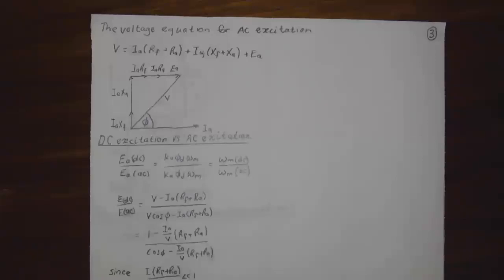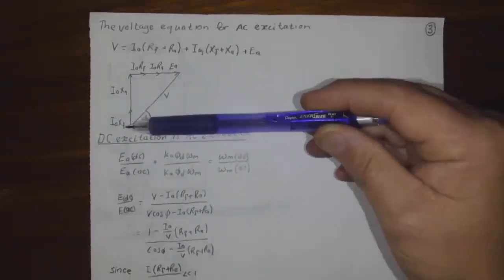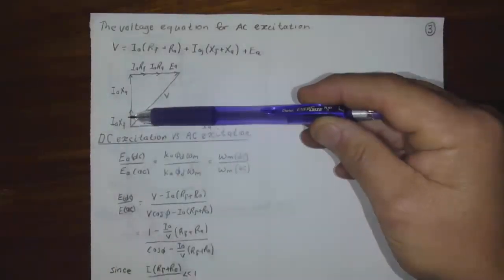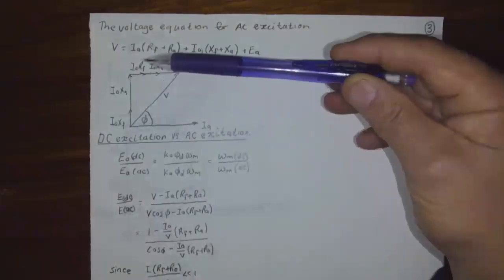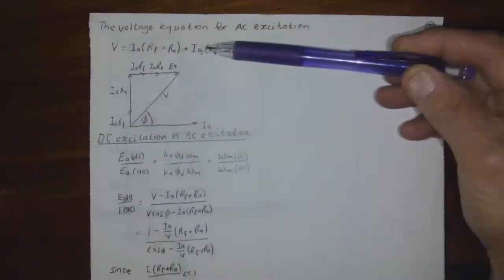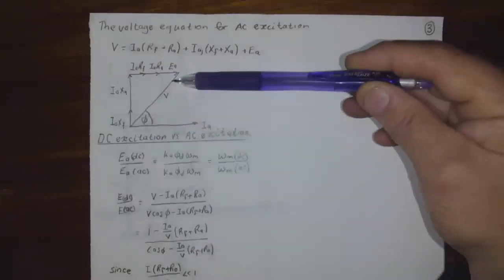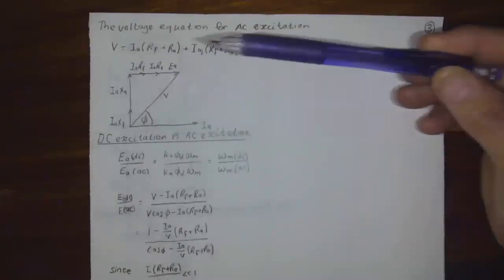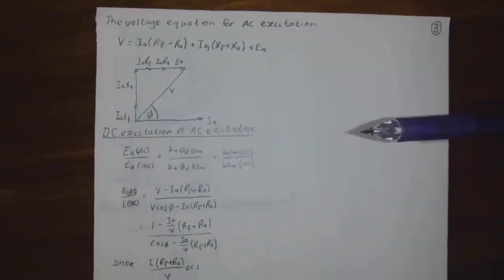Now there we are. IA is the reference phasor. Then we get IA XF and IA XQ, IA RF, IA RA, and EA. And if we draw from there to there, that is our voltage. And the power factor angle is between V and I.